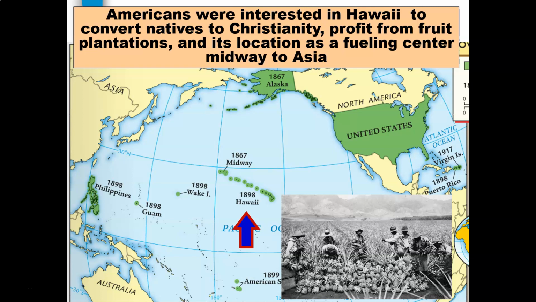And the United States wanted to have that place for the reasons we just mentioned. Mainly it was for profit, and its location was in the middle between the North American continent and the Asian part of the world. And lastly, they wanted to Christianize many of the natives in Hawaii.